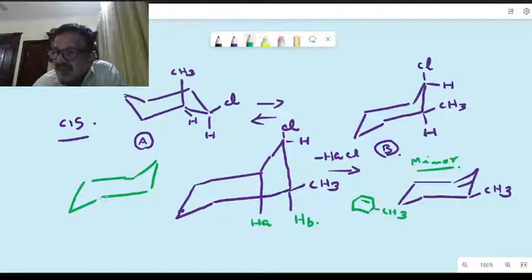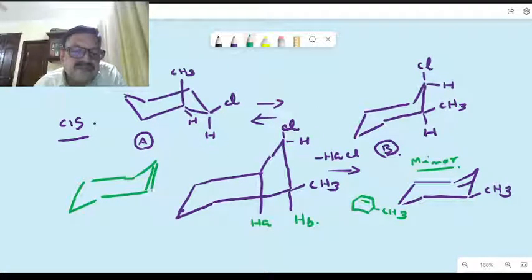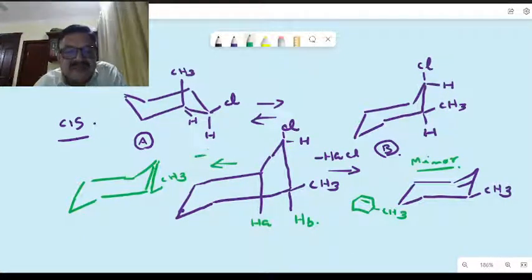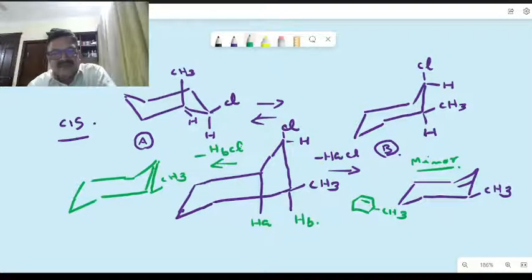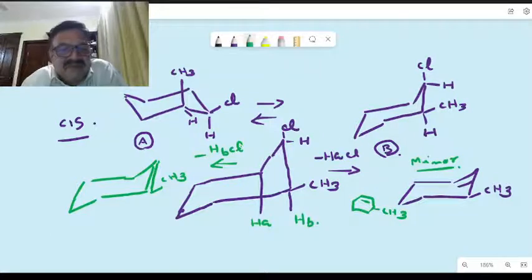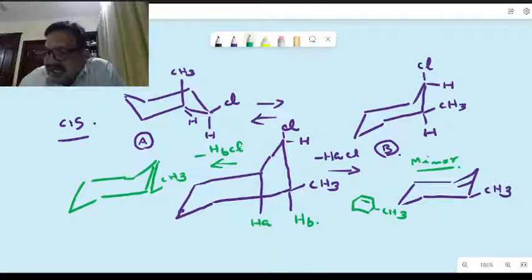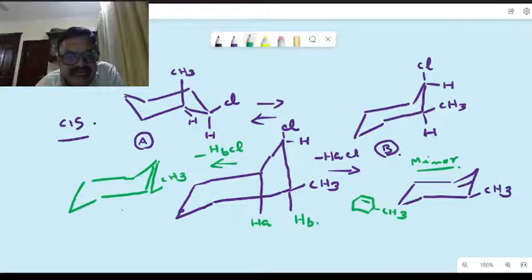Here the double bond will form in a different position, and there will be this CH3 group here. This is formed by minus HBCl, and we will get a tri-substituted alkene.